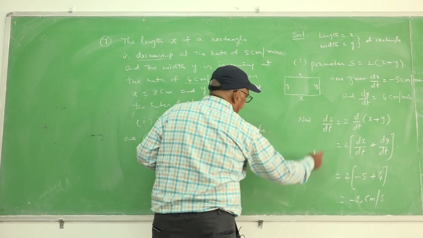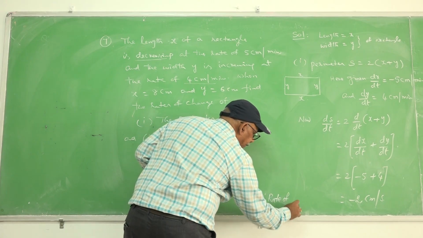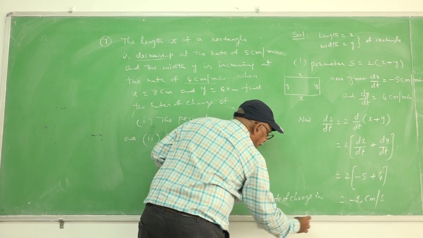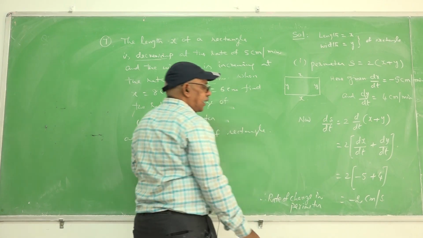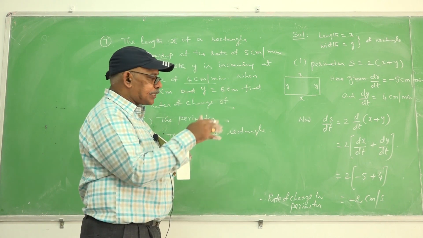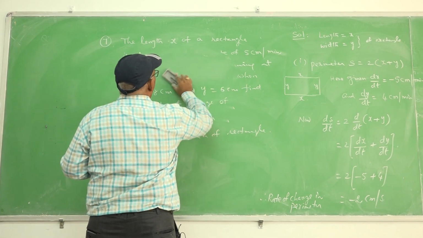This is the rate of change in the perimeter. That means the perimeter decreases at the rate of 2 centimeters per minute. That can be concluded here.